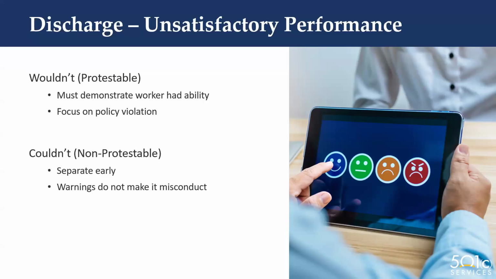Here's the details. And then here's all the warnings that led up to this. Okay. If it truly just was like they're underperforming because, I don't know, they just don't care anymore, right? They've proven in the past that they can perform the job, and for whatever reason now, and you can't pin it down to a specific violation, then use terminology like misconduct related performance or deliberate unsatisfactory performance, right?